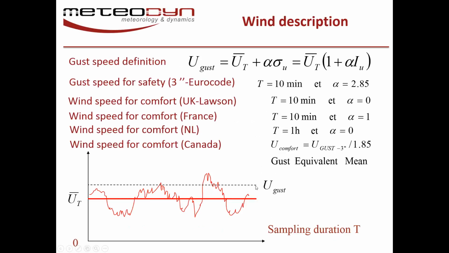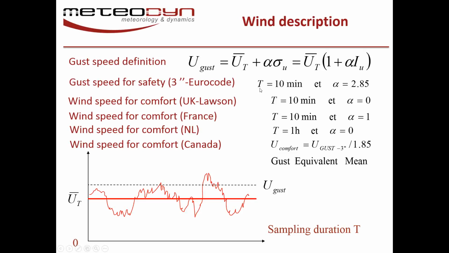So the velocity of the wind used to assess the comfort is different. It depends on the country. Here there are, for example, 4 values for comfort and 1 value for safety, and it is not the same approach. If you use the gust speed for safety, you use a definition like this.